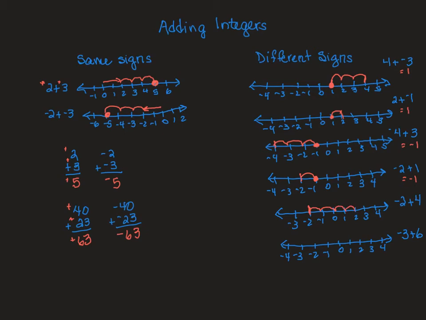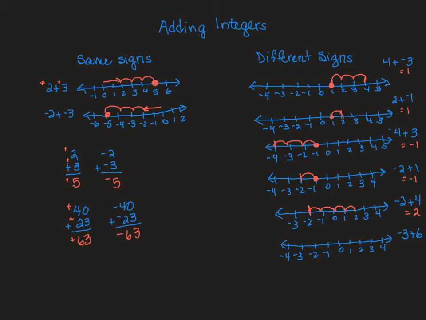Now, in this problem, I have passed the 0. I have passed the 0, okay, just to be clear. And notice that my answer is +2. I had 2 negatives and 4 positives. I had 2 more positives, and my answer is positive.